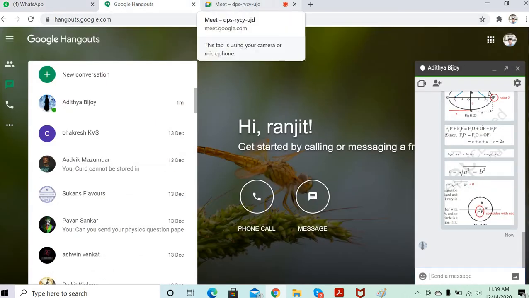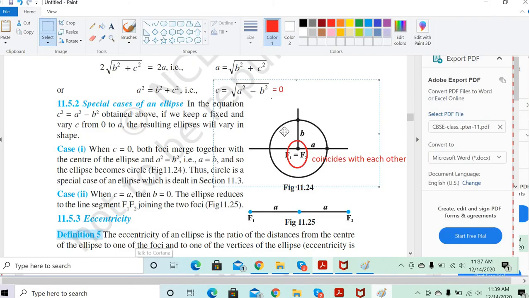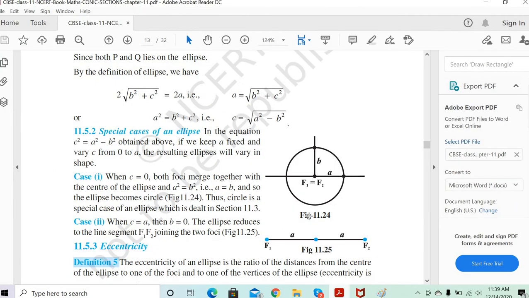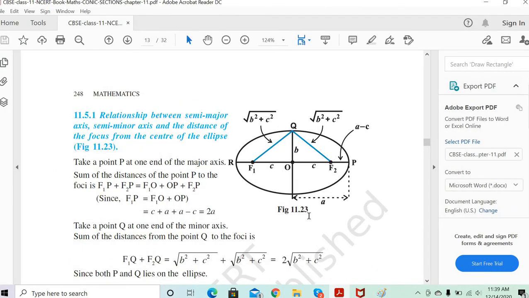Now in this case, let's try to understand the next case: when b is equal to 0. That means the semi-minor axis is becoming 0.